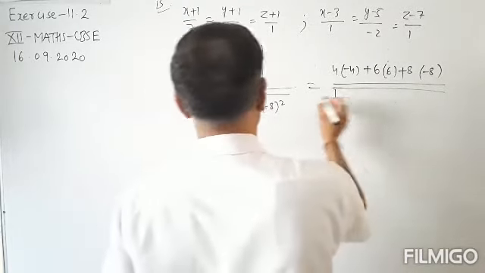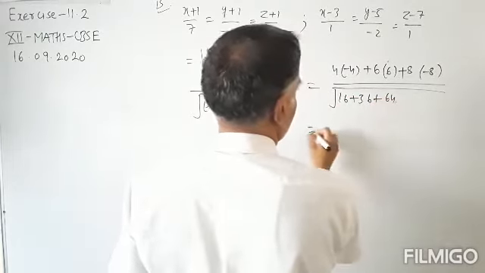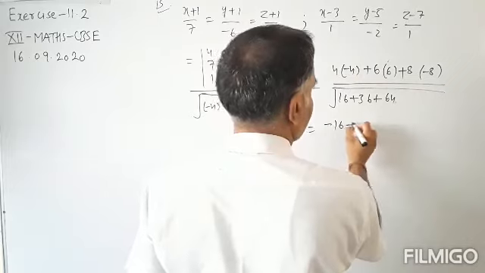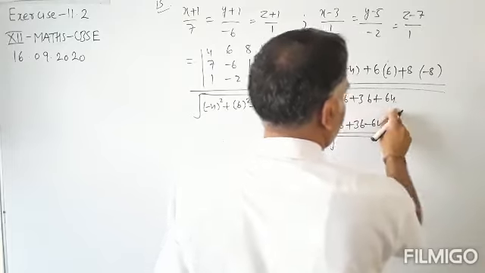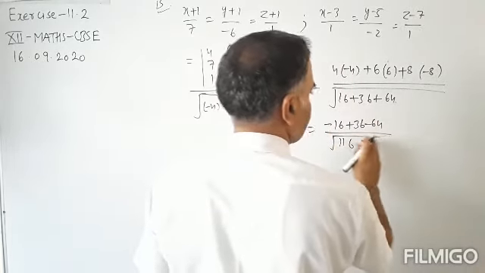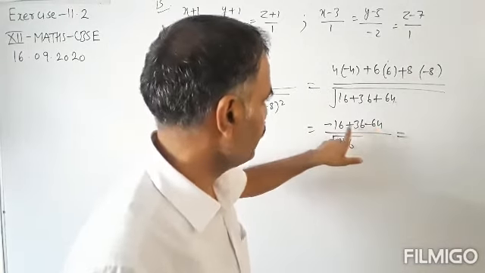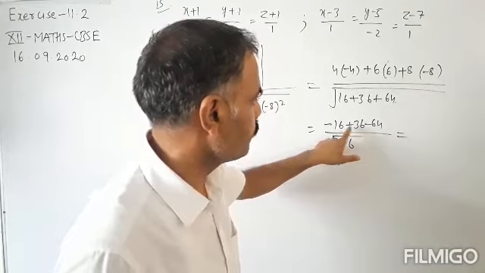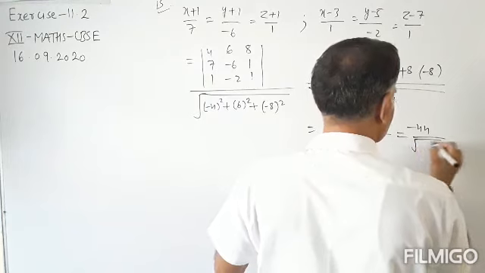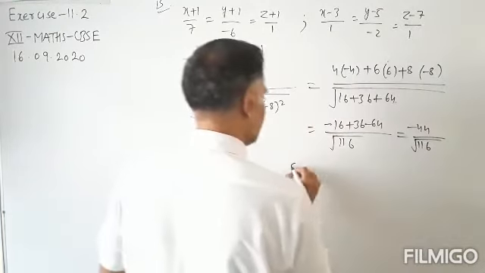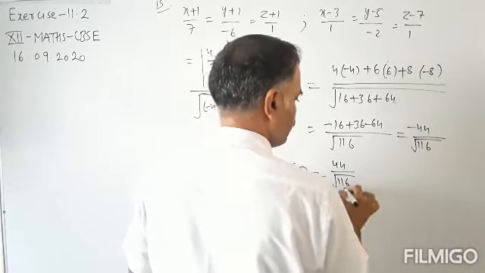16 plus 36 plus 64, equals minus 16 plus 36 minus 64, upon under root 116. Okay, so this is minus 44 divided by under root 116. The shortest distance is always positive, so this is 44 upon under root 116.